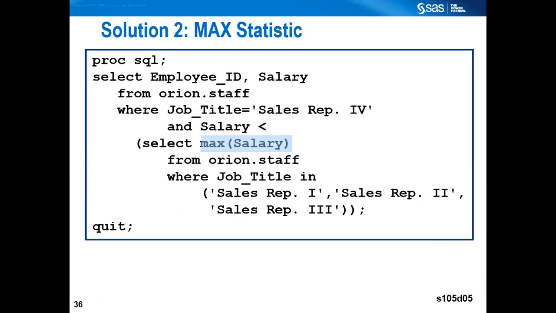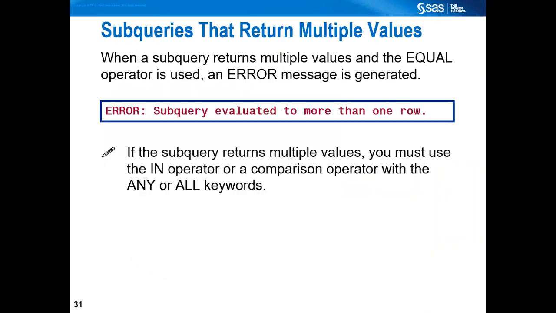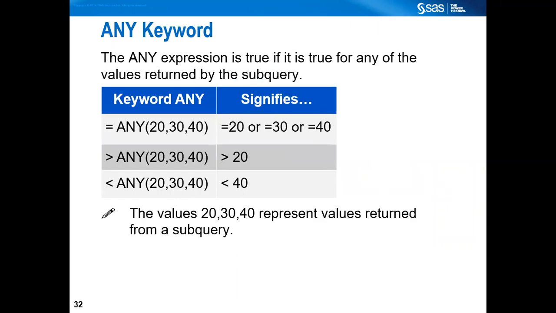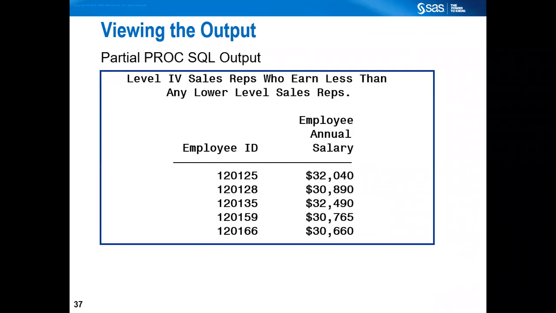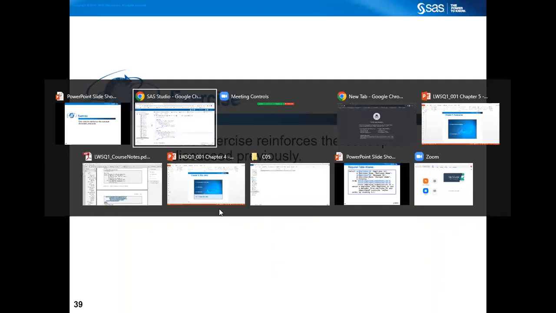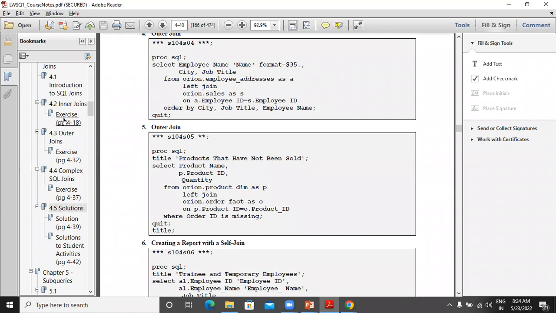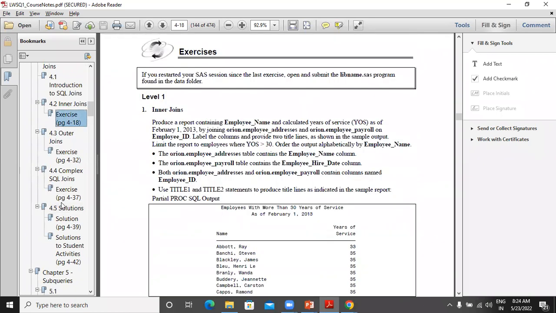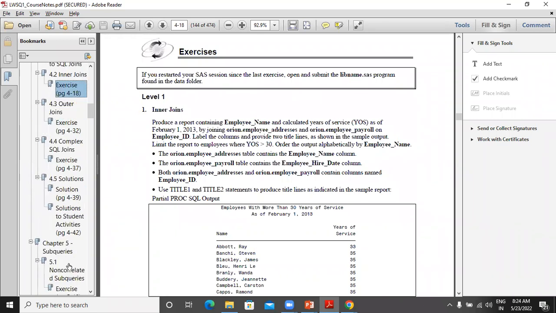All right, any queries on this demo? D05. Either you write ANY or you write MAX. If you have no questions, come to this exercise. We are working with chapter 5.